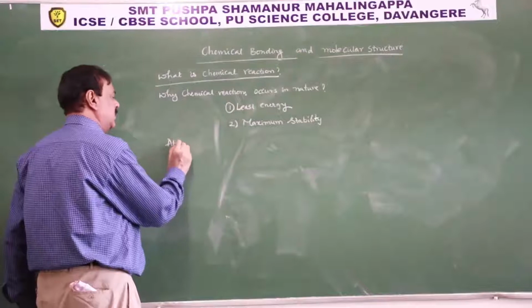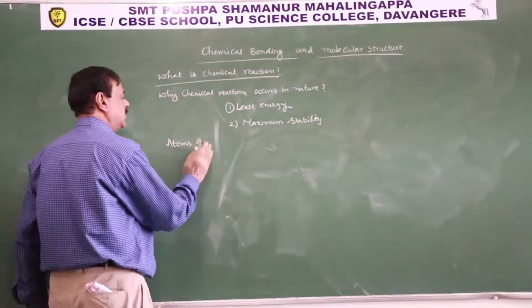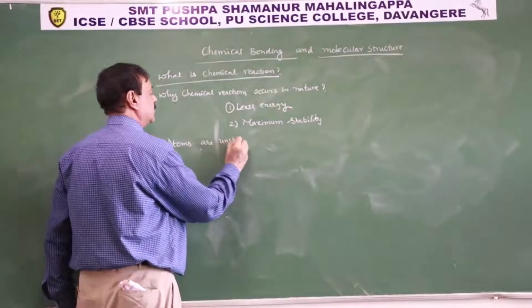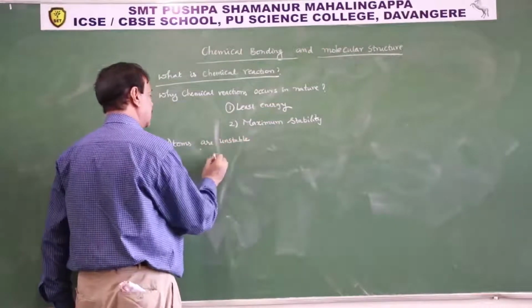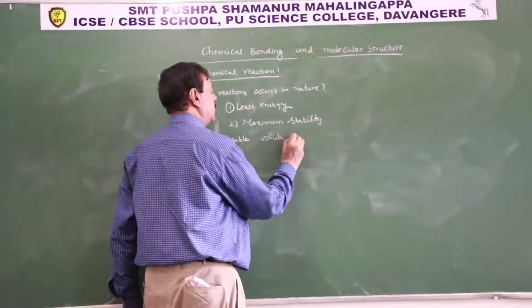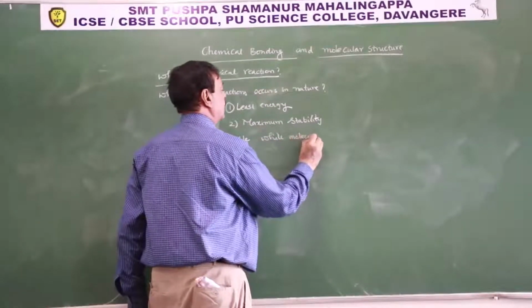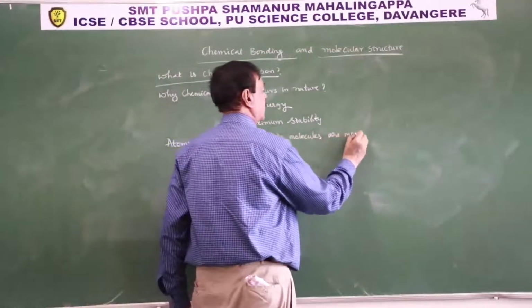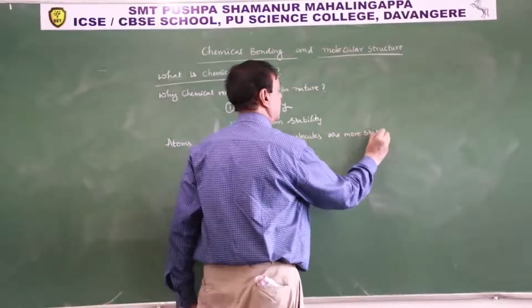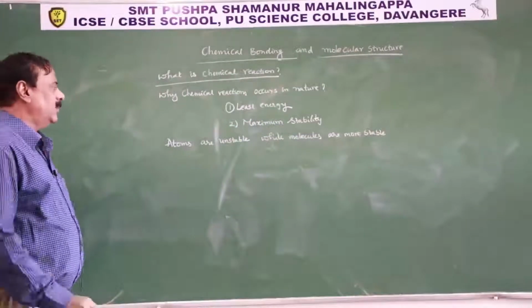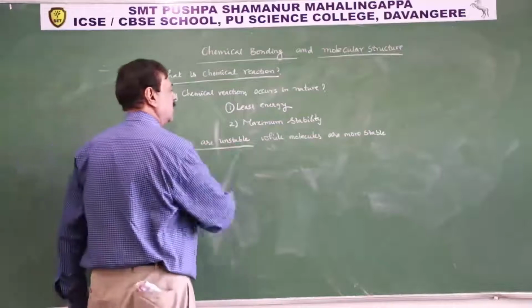Atoms are unstable, while molecules are more stable.